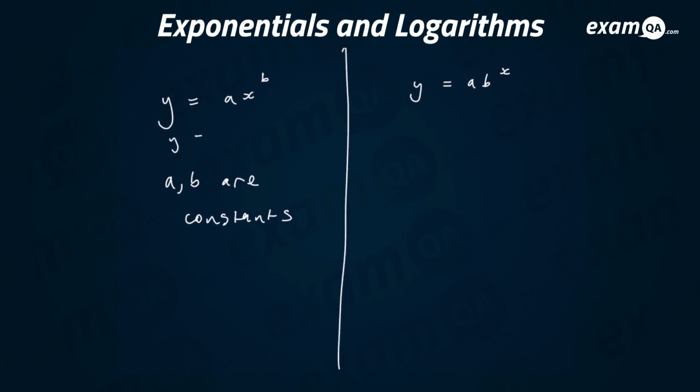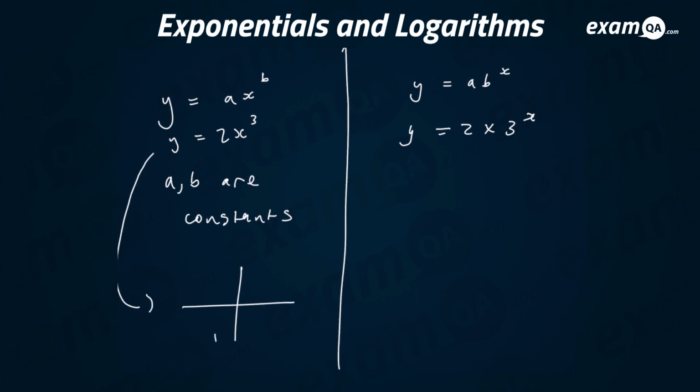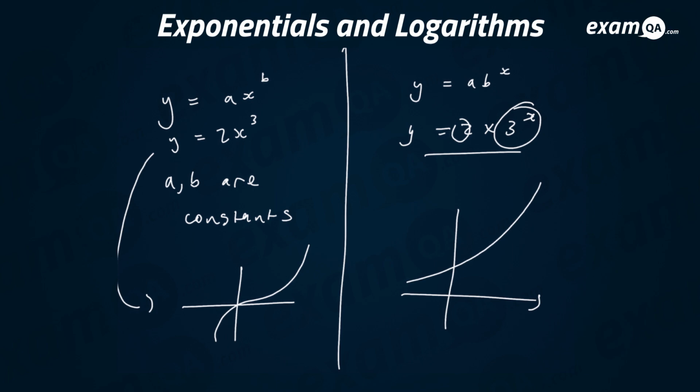For example, y equals 2x to the power of 3, or y equals 2 times 3 to the power of x. You can imagine what those would look like. This one might look like this, and this one is just a number times an exponential, so it might look like that.